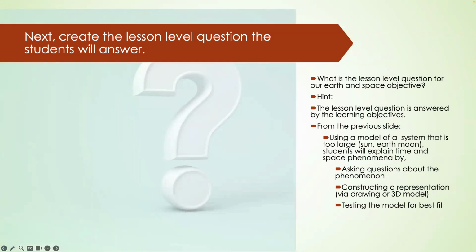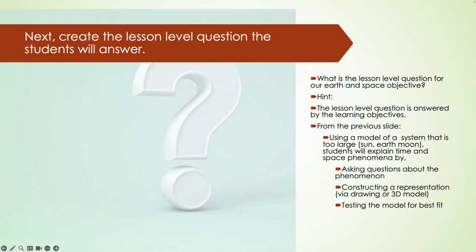So from the previous slide, the learning objective was using a model of a system that is too large, the sun, the earth, moon. Students will explain time and space phenomenon by asking questions, constructing a representation, and testing the model for best fit, right? So if the answer to the question is using a model of a system, it's like Jeopardy, right?